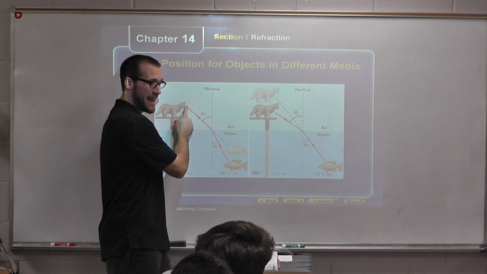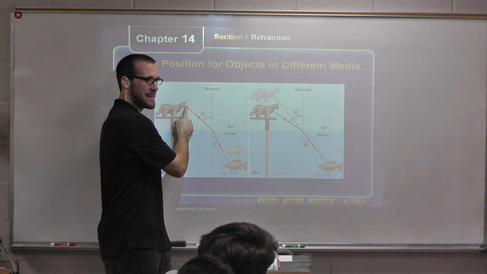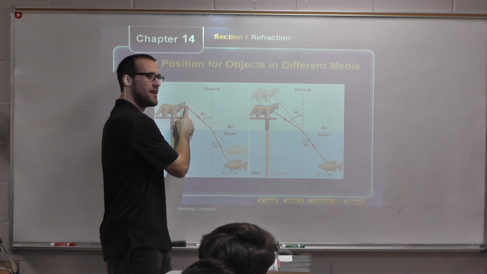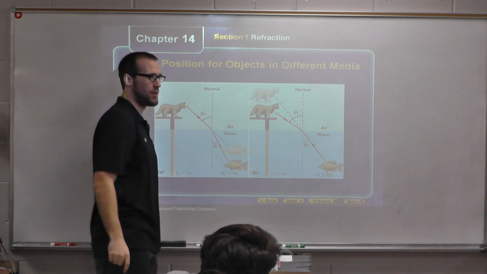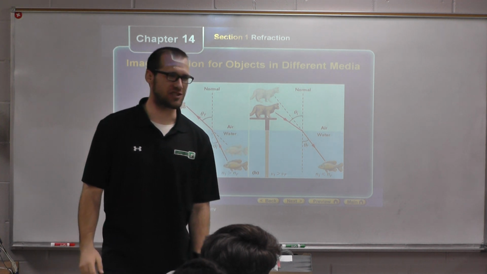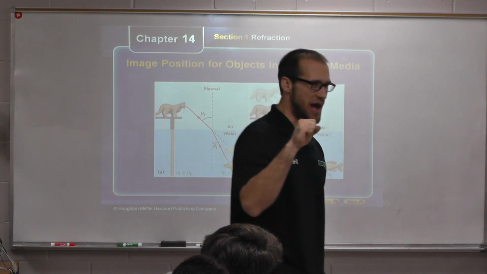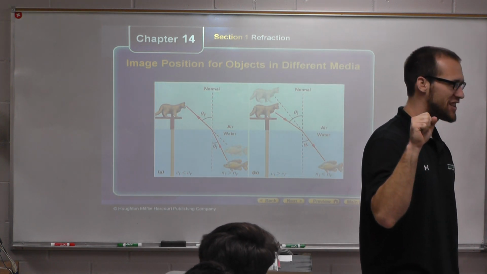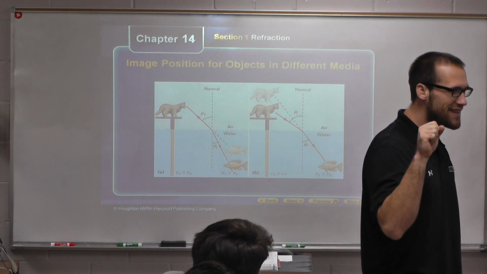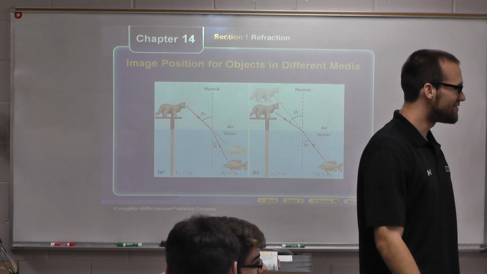Well, my eye does not process that light can bend. So my eye is going to create an image of the fish that's above the actual fish's location. So what you're trying to grab is actually the image of the fish and not the fish. A virtual fish.